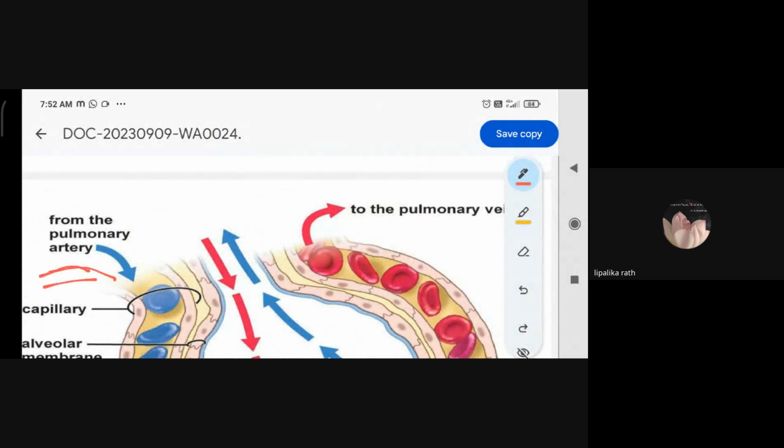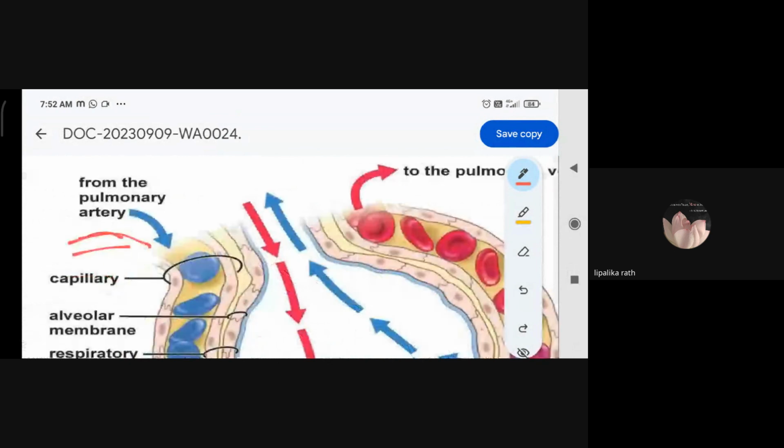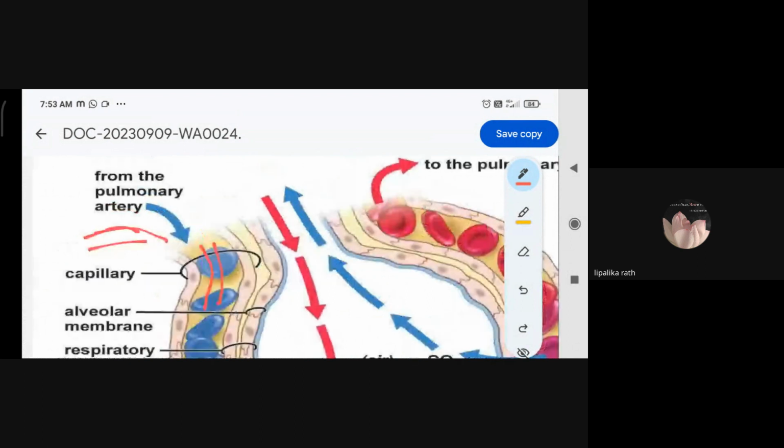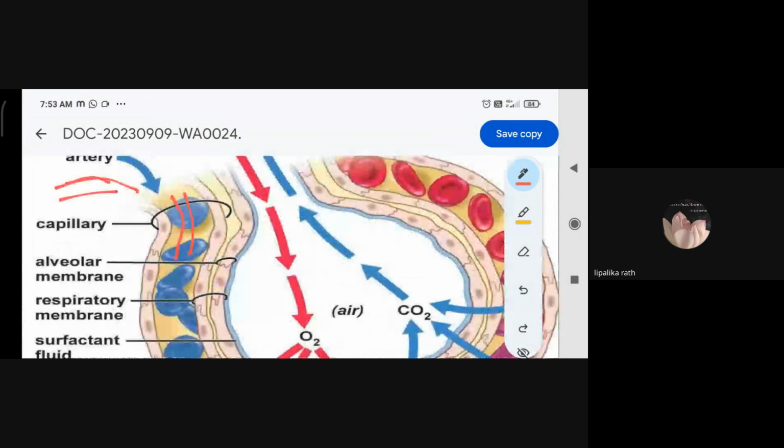The deoxygenated blood is coming from this side. You can see it is a bit blue colored, which depicts less oxygen and more carbon dioxide. So this is the capillary and this is the alveoli. The capillary is containing deoxygenated blood.